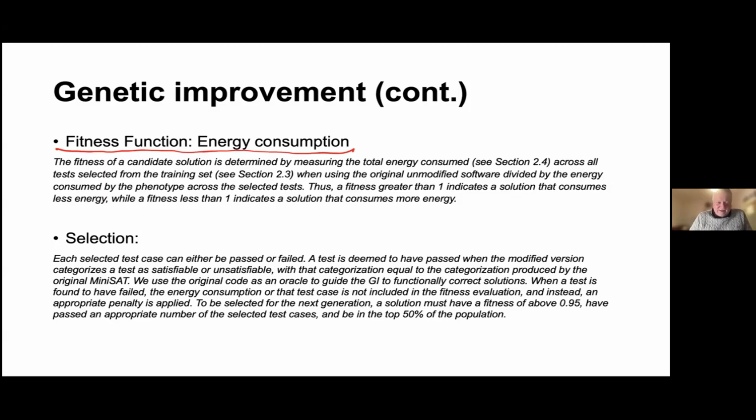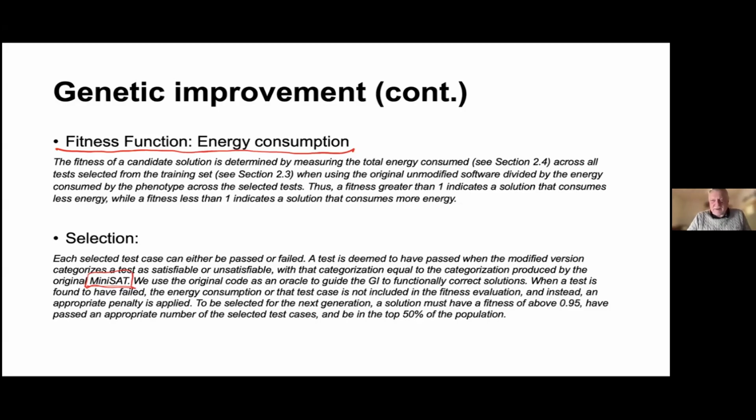And what they did basically is they used Minisat, that's a SAT solver, for an initial study, and they wanted to come up with mutations of Minisat so that they are better in terms of their energy footprint. So less energy consumed for SAT solving. So this was the idea.